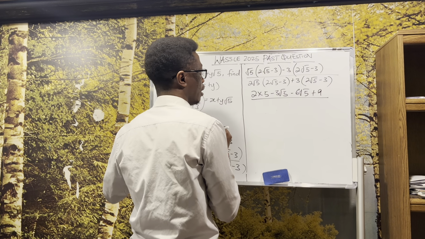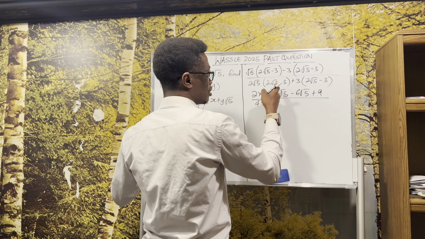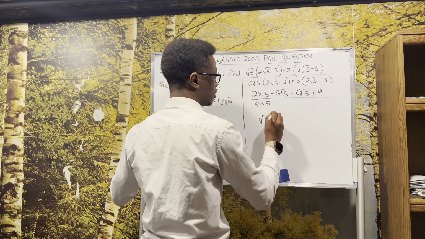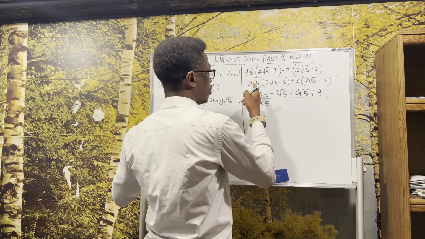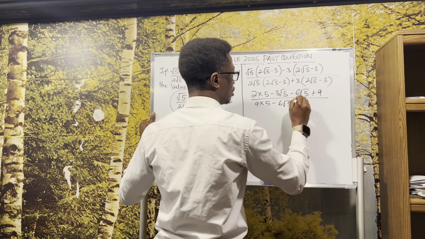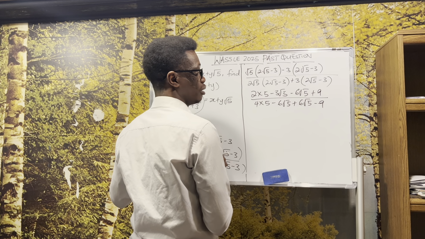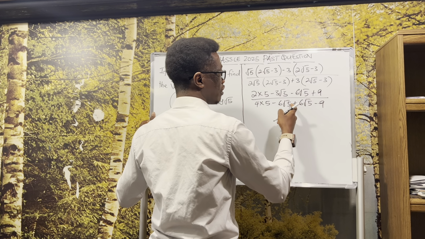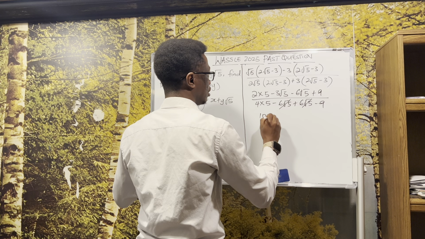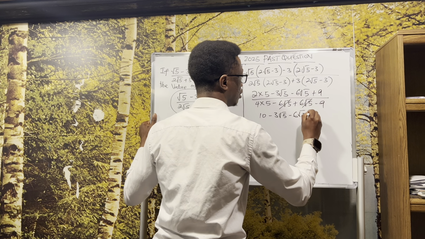Now in the denominator, 2 times 2 becomes 4, root 5 times root 5 becomes just 5, so that's 20. Then minus 6 root 5 plus 6 root 5 and minus 9. The minus 6 root 5 and plus 6 root 5 cancel and become 0. Now the numerator becomes 10 minus 3 root 5 minus 6 root 5 plus 9.